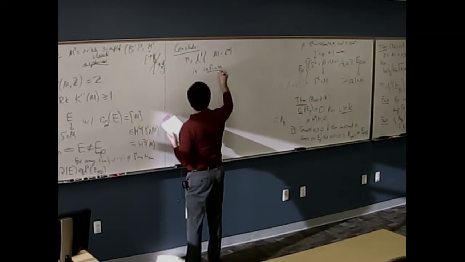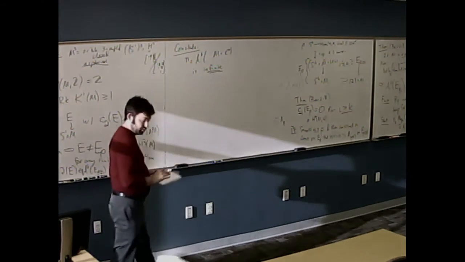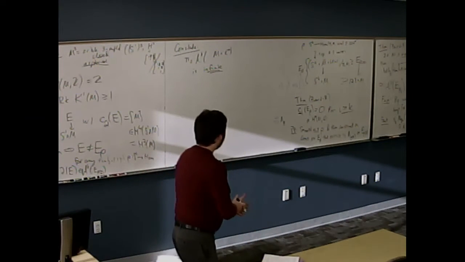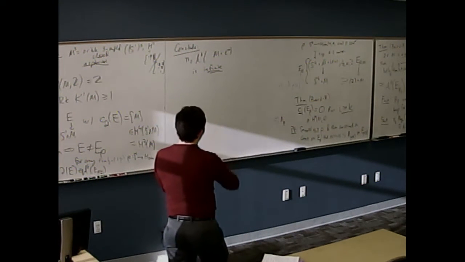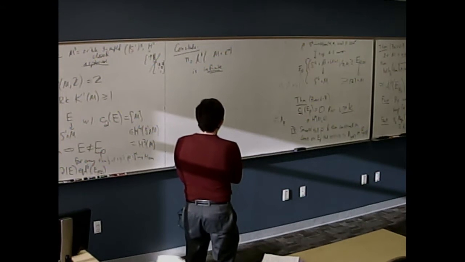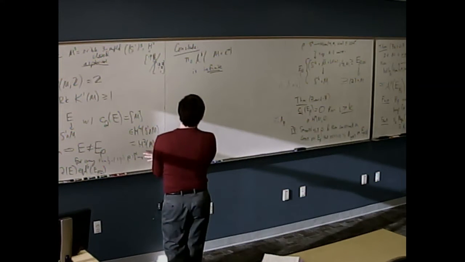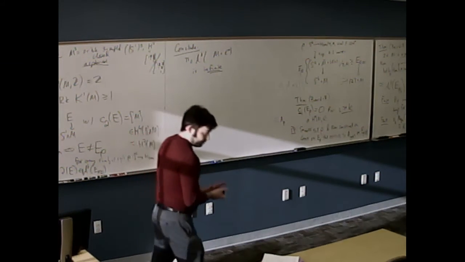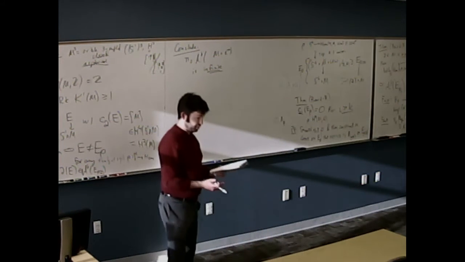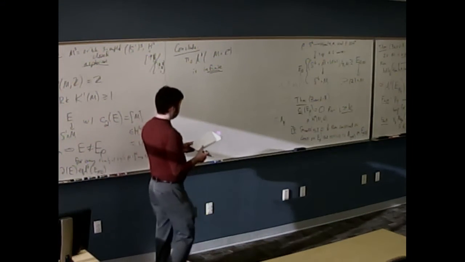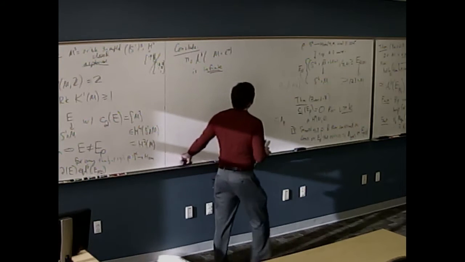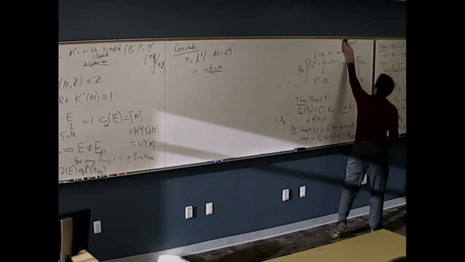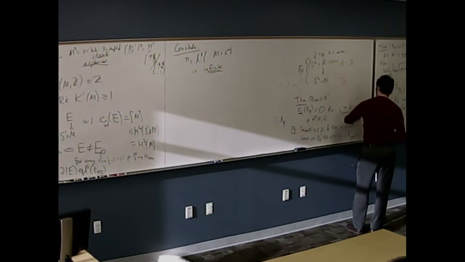Okay, so unlike the case of surfaces where pi 0 and then a bunch of higher homotopy groups were vanishing, here you have infinitely many connected components. So that's the first difference between the two-dimensional case and the three-dimensional case.